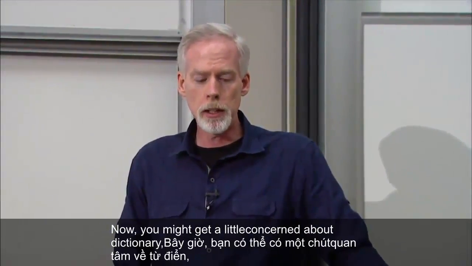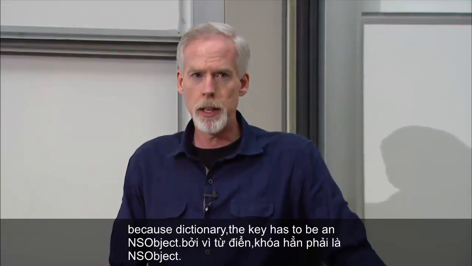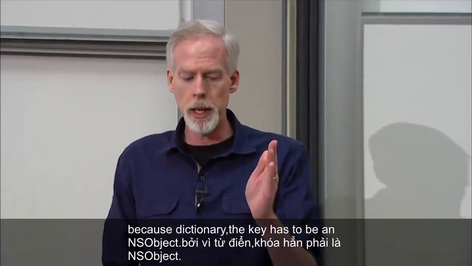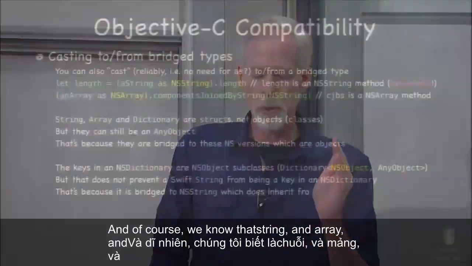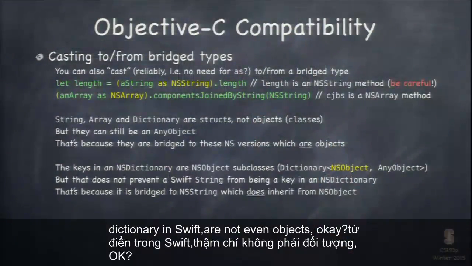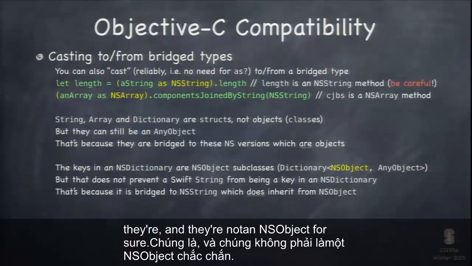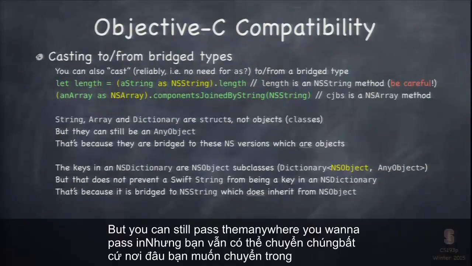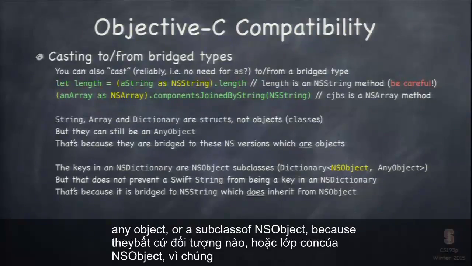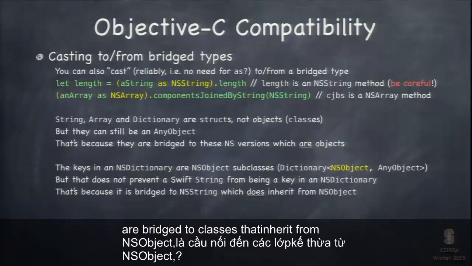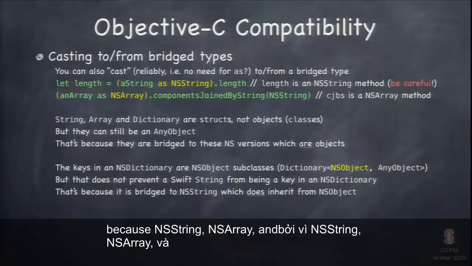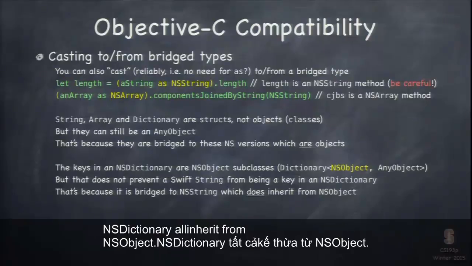Now, you might get a little concerned about dictionary, because the key has to be an NSObject. And of course, we know that String and Array and Dictionary in Swift are not even objects. They're not AnyObject, and they're not an NSObject for sure. But you can still pass them anywhere you want to pass an AnyObject or a subclass of NSObject, because they are bridged to classes that inherit from NSObject, because NSString, NSArray, and NSDictionary all inherit from NSObject.